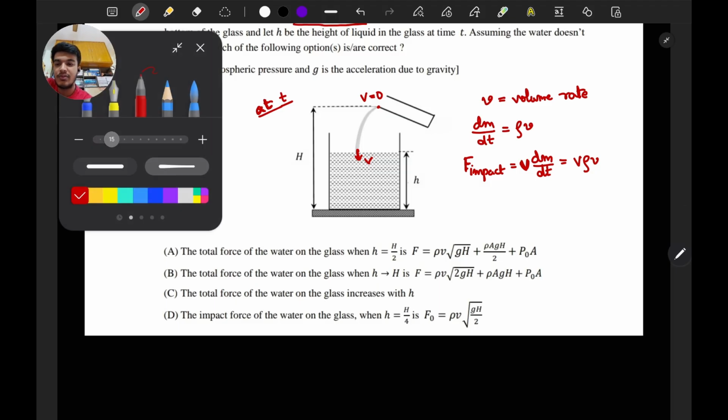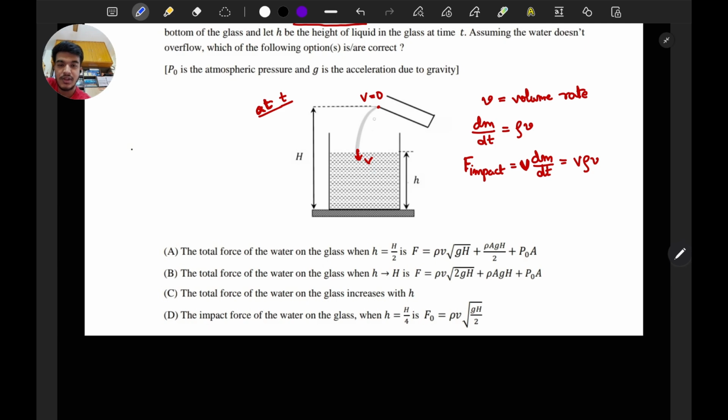Now we can calculate this v simply using Bernoulli equation. The atmospheric pressure is everywhere, so applying the Bernoulli equation between points A and B for streamline flow, since we know it's streamline flow, we get P naught plus rho g capital H equal to P naught plus rho g small h plus half rho v square.